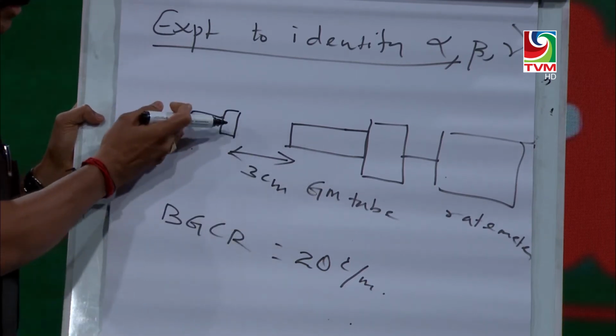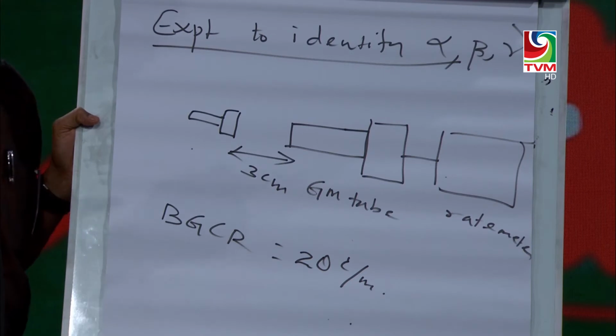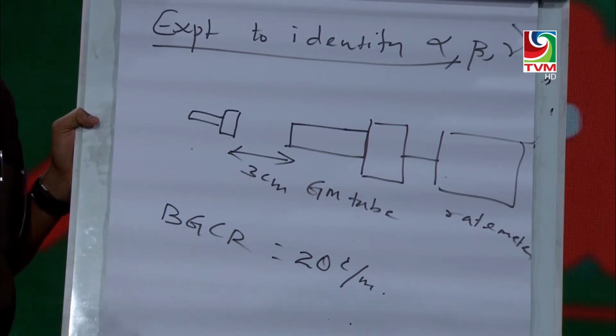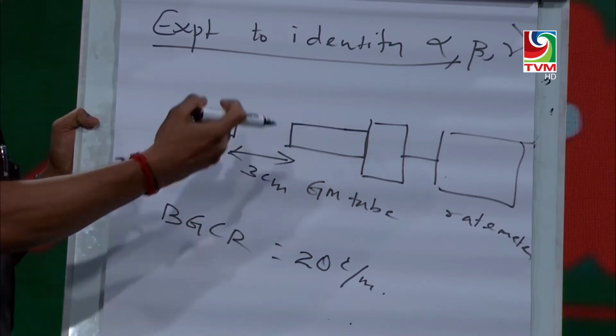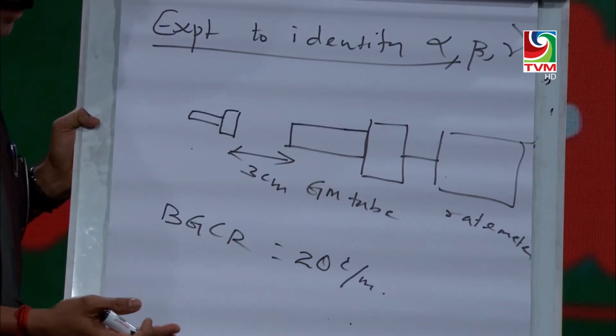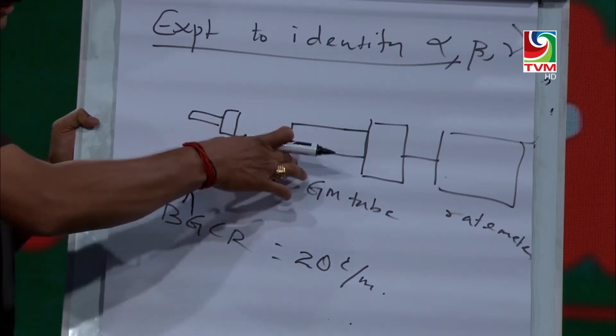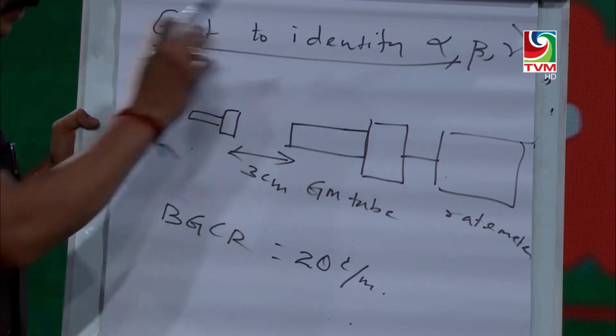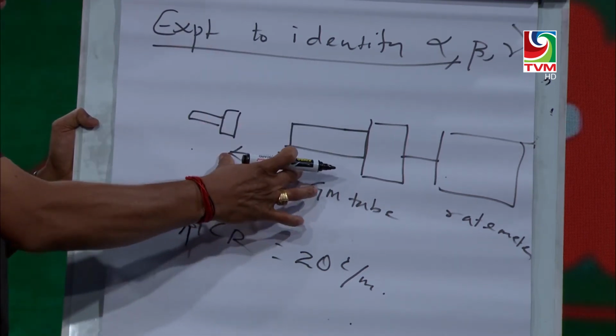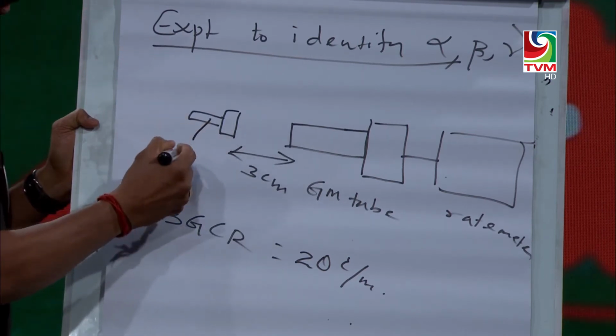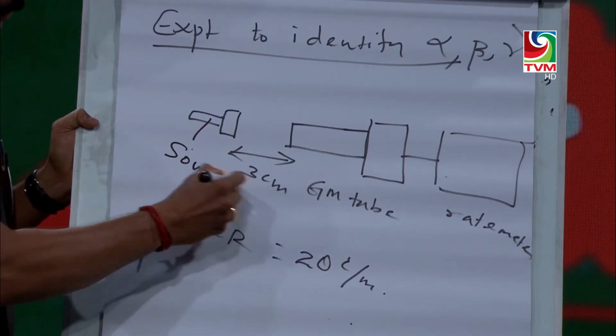Because alpha particles have a short range, nearly 5 centimeters, so they may not reach the detector. We would then say alpha particles are not present, but they may be present.